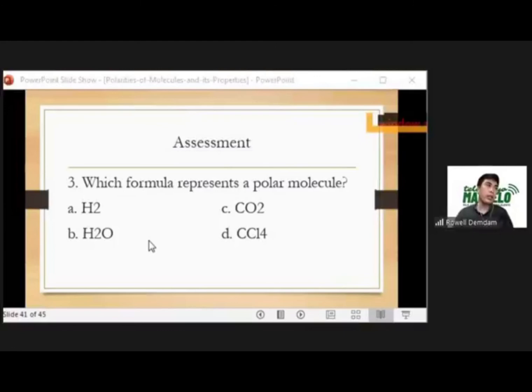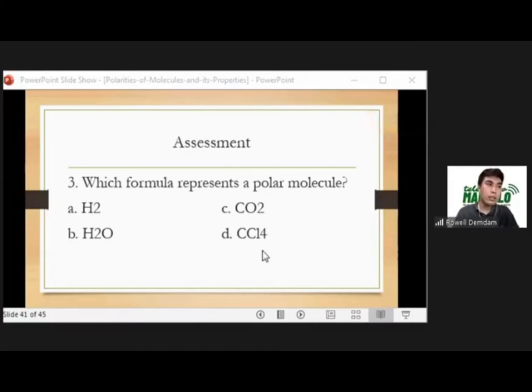Question here. Which formula represents a polar molecule? Letter A, hydrogen gas. Letter B, H2O or water. Letter C, carbon dioxide.